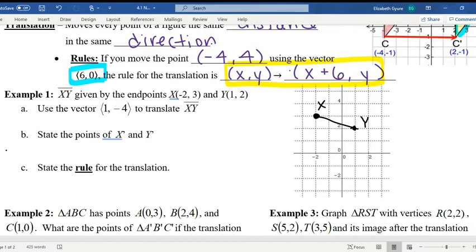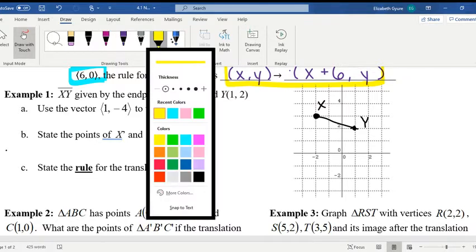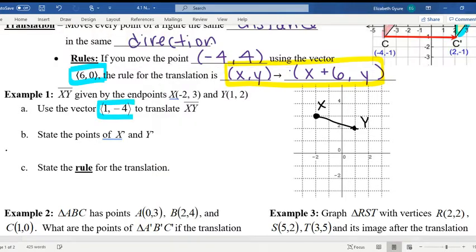Okay, so now I have my first segment and it says use the vector <1, -4> to translate XY. If this is your vector, this is telling you how to move it up, down, left, right.